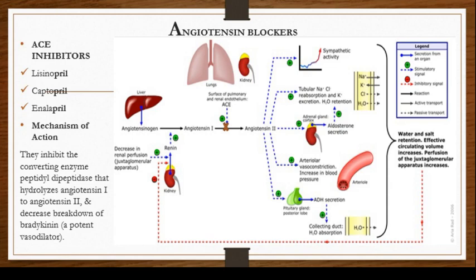Also, once we block angiotensin converting enzyme from converting angiotensin 1 to angiotensin 2, we are going to also prevent effects such as the cortex of the kidneys releasing aldosterone.